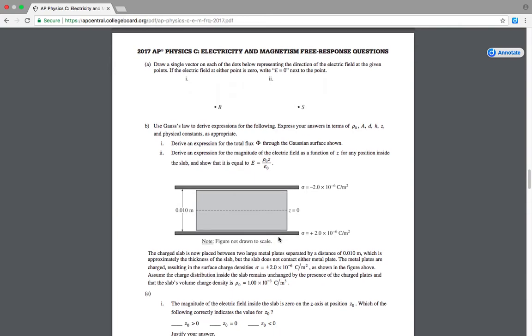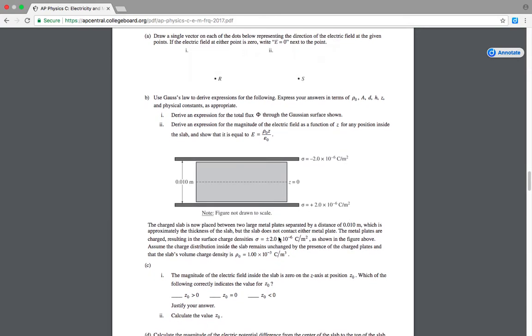So the next part to this, they say that the charged slab is now placed between 2 large metal plates separated by a distance of 0.01 meter, which is approximately the thickness of the slab but does not contact either metal plate. The metal plates are charged, resulting in the surface charge density sigma equal to plus or minus 2 times 10 to the minus 6 coulombs per meter squared, as shown in the figure above.